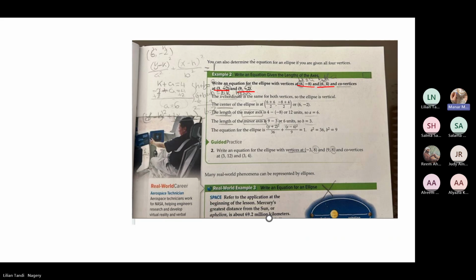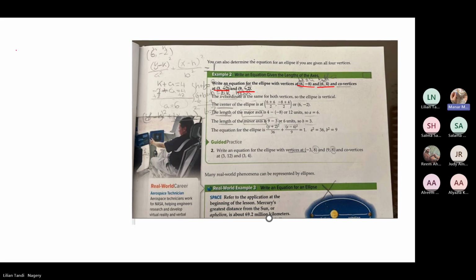Because here at the vertices we have 6, and 6 is the constant on the x-axis, and it is greater than -2. -2 is the y. So we know that. Correct? I agree. When your x's are the same on the vertices, then that is horizontal. When your y's are the same on the vertices, then that is vertical.